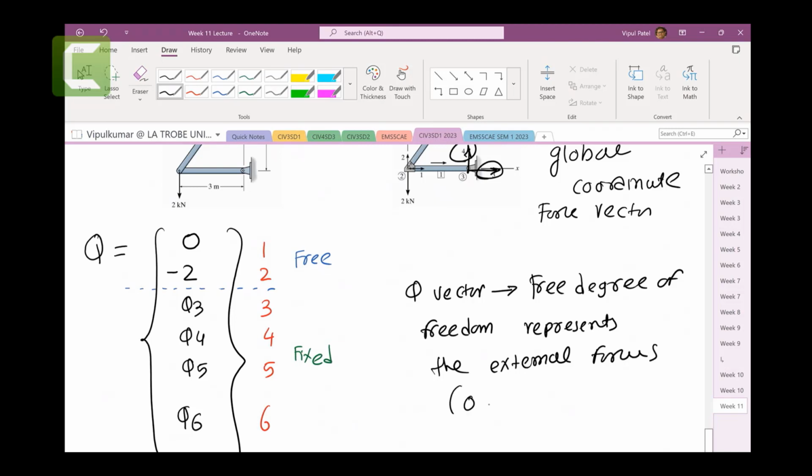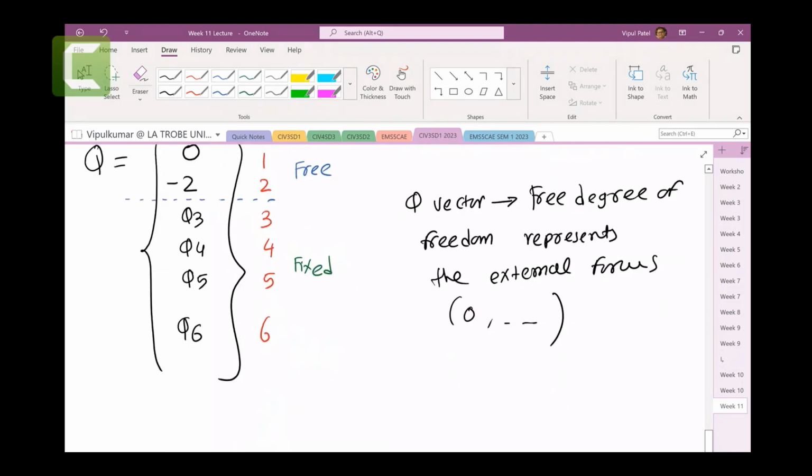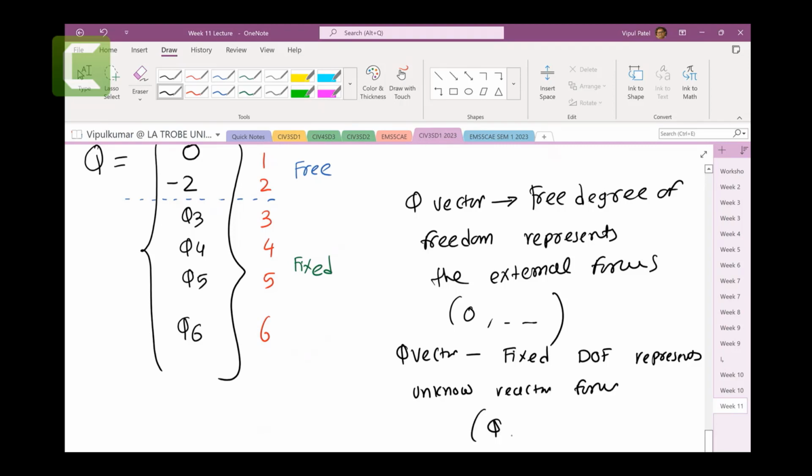It can have a value of 0 to any value that you need. Again, in the Q vector, the fixed degree of freedoms represent unknown reaction forces. It could be any value like Q2, Q3, Q4, or something like that. So I hope it makes sense.